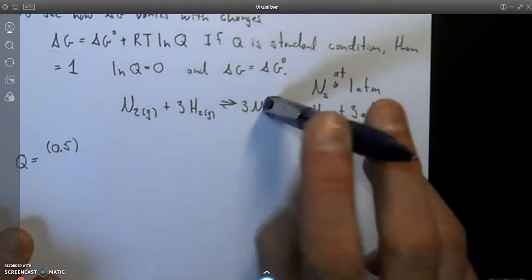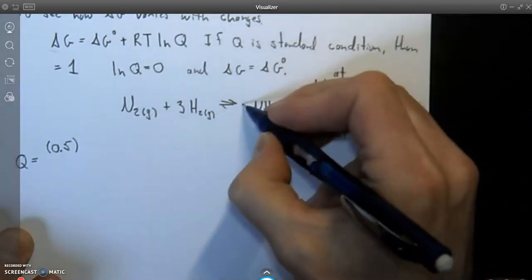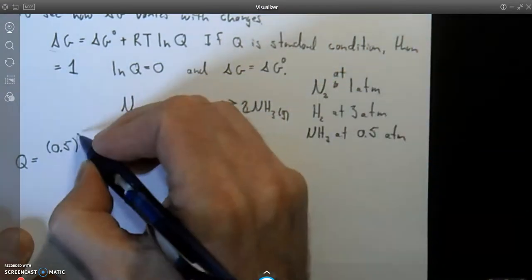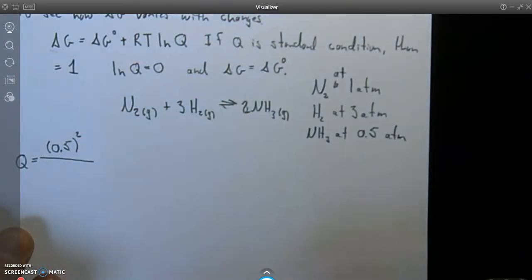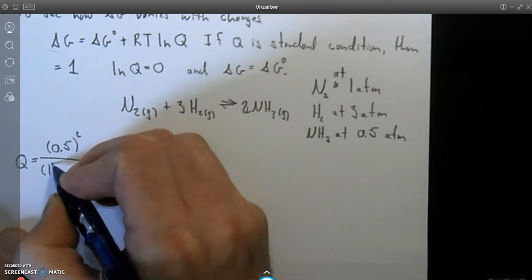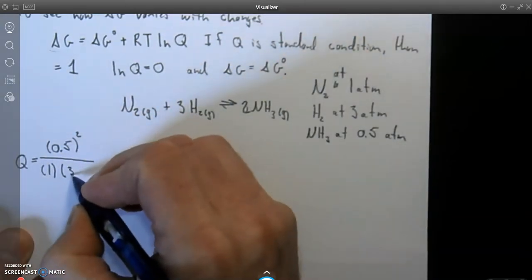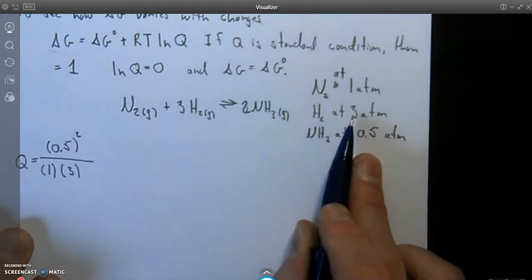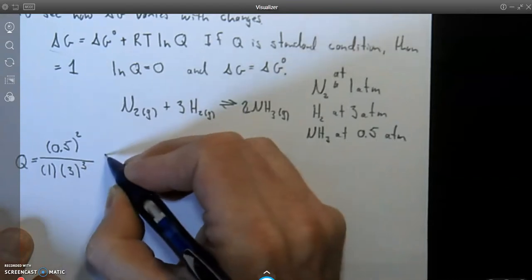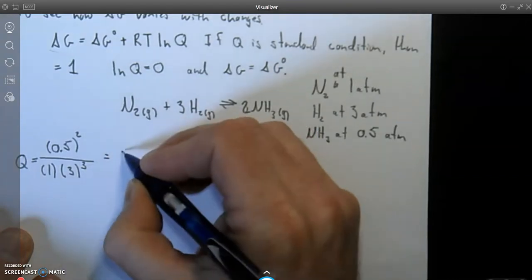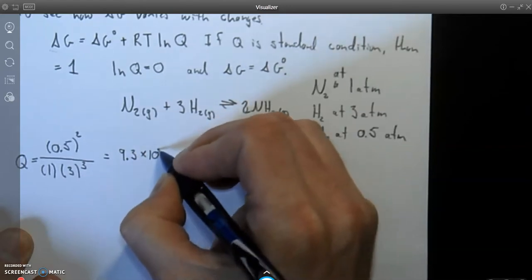I'm sorry, I put the wrong number here. This should be a 2. So there we go. Should be 2. And 1 for nitrogen is simply 1. And 3 for hydrogen is raised up to the third. That gives me a value of 3.3 times 10 to negative 3.